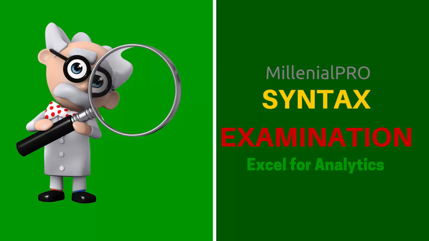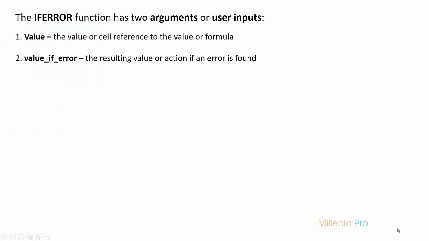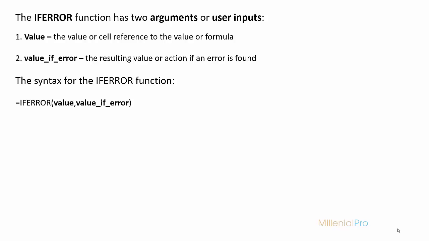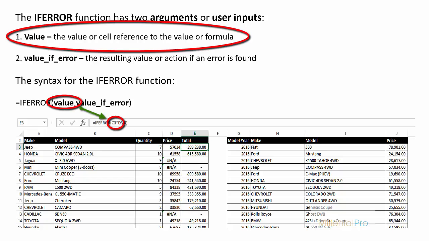Okay, so now that you've seen it in action, let's examine the function and get ourselves familiar with it. So, the IFERROR function has two user inputs or arguments. The first is the value. This can be an actual hard-coded value, or a cell reference to the value, or a formula. In our example, it was the multiplication formula that multiplies cell C3, the quantity, with cell D3, the price.